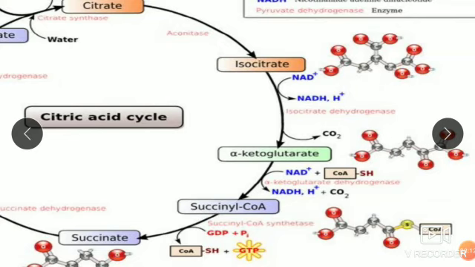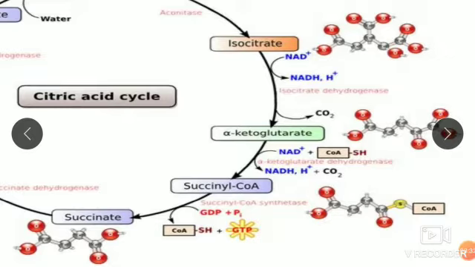This NADH is a transporter molecule which ultimately goes to the electron transport chain present in the inner mitochondrial membrane, and through this electron transport chain ATP is released.